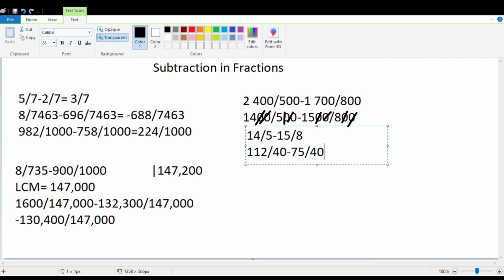Since we know this, we should subtract 112 by 75, which will equal 37 by 40.